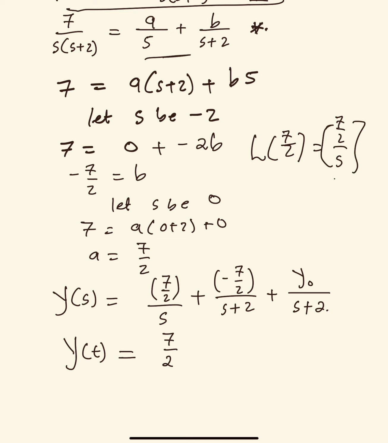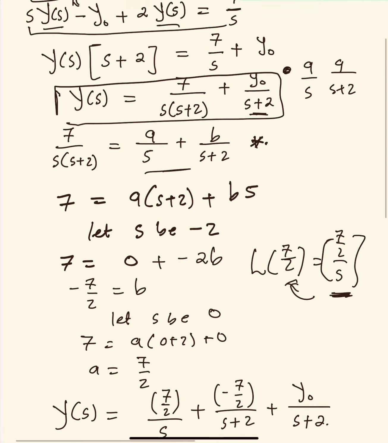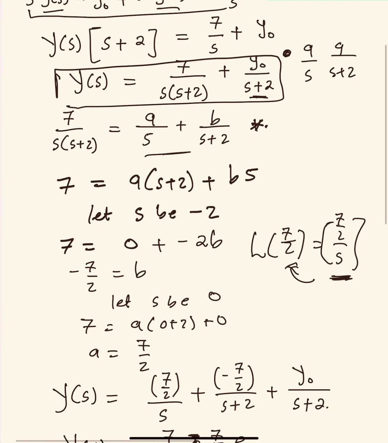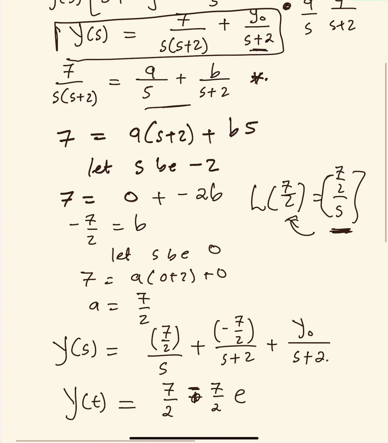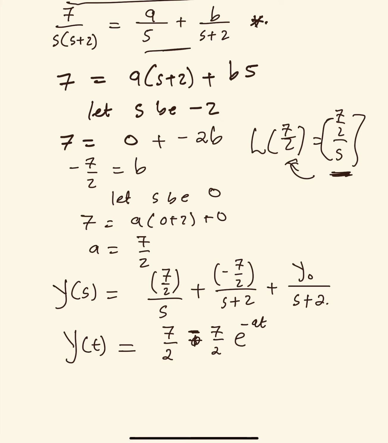So the inverse Laplace transform of this just becomes 7 over 2 in the time domain, plus this one, which we know is s plus that, so it's going to become negative 7 over 2 e to the negative a t, plus y naught e to the negative a t, right?